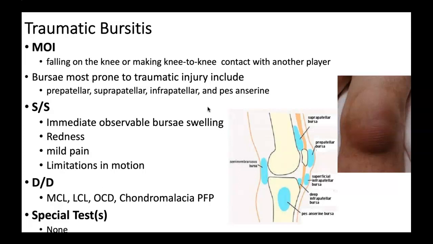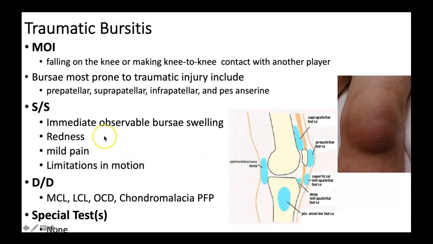What is it? Great. I hope you all said volleyball, right? Volleyball, in particular, the libero position, falls on their knees a lot to dig. And so we'll see traumatic bursitis in those student athletes. Now, the bursa that are most prone to traumatic injury are those that are on the anterior aspect of the knee. So just keep that in mind.